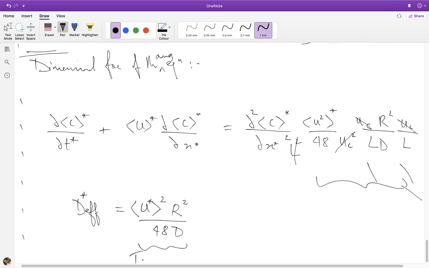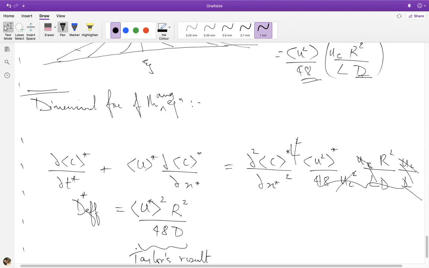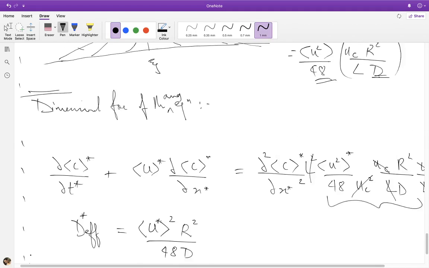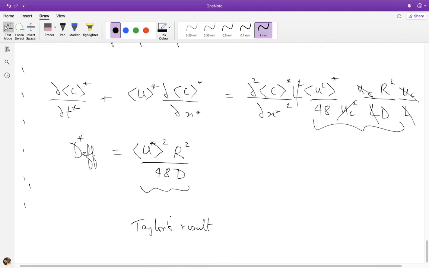This is exactly Taylor's result for the dispersion coefficient of flow inside a laminar tube. Right, this is Taylor's result, which you could also write as D times the Peclet number based on the radius, which is just U r by D. So if you multiply and divide by D, you will get D times the Peclet number squared divided by 48.